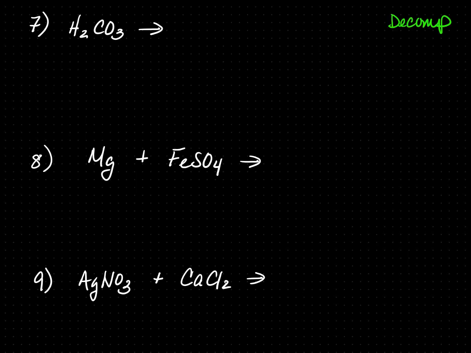If the products are not provided, it will decompose into elemental form. If the products are provided, then you need to use what is given. When I have acids, acids will always decompose into a non-metal oxide and water. So on the test, if you have a problem like this one, I will provide you the products.